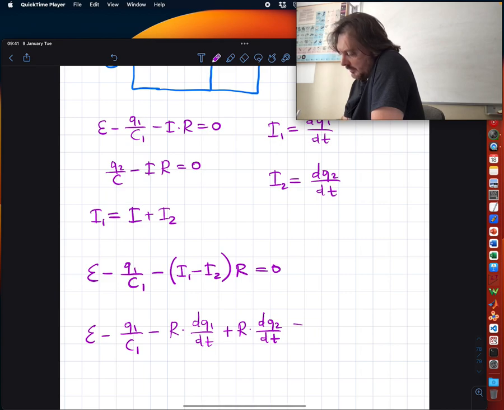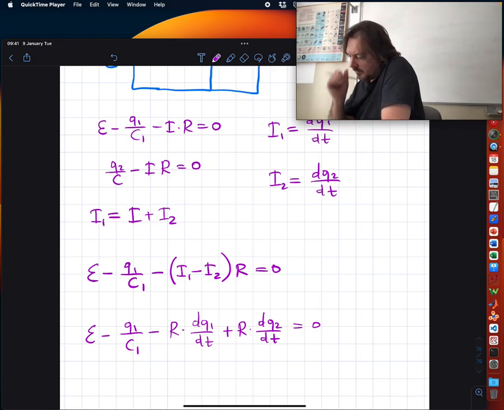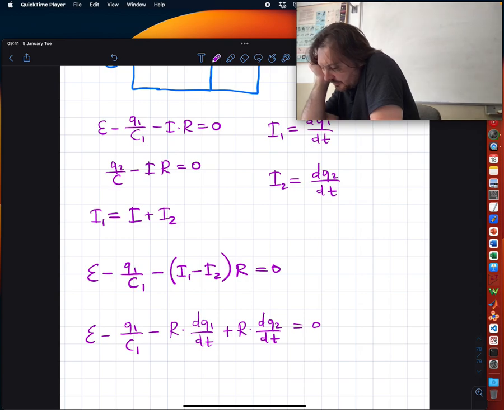So are we happy so far? How can I get rid of dQ2 and make it just about Q1? Can I actually do that? Perhaps the second equation could help. Does it help though? I don't know.